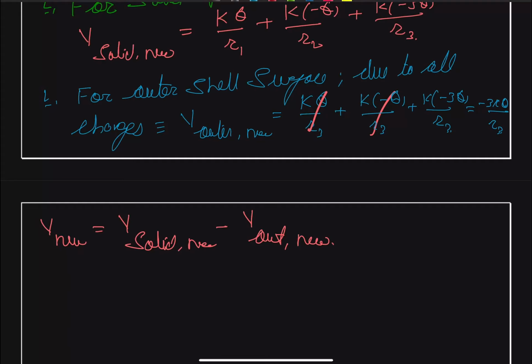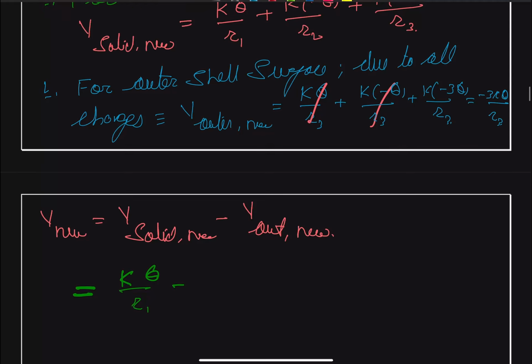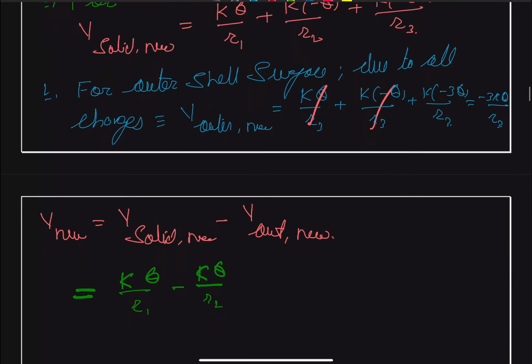So here we can just now substitute the values, and we get V solid nu is our kq upon r1 minus kq upon r2 and minus 3kq upon r3, and this comes minus of minus 3kq upon r3.